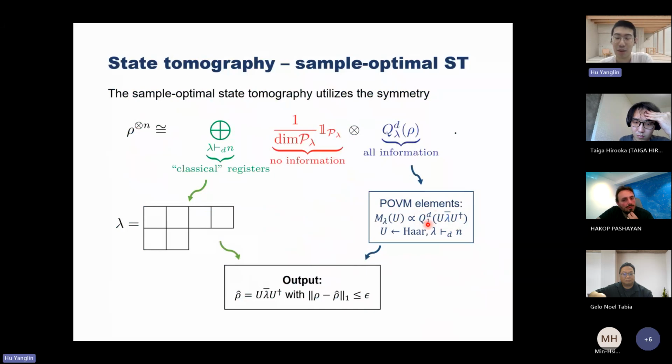So you have already used the structure of this state. Wait, but that's d to the power of n on the full system, but when you project onto a particular lambda, then it's not d to the power of n anymore, right? Right. So that's why we use the group structure, because we know the unknown element of this U lambda bar U dagger is only d squared.